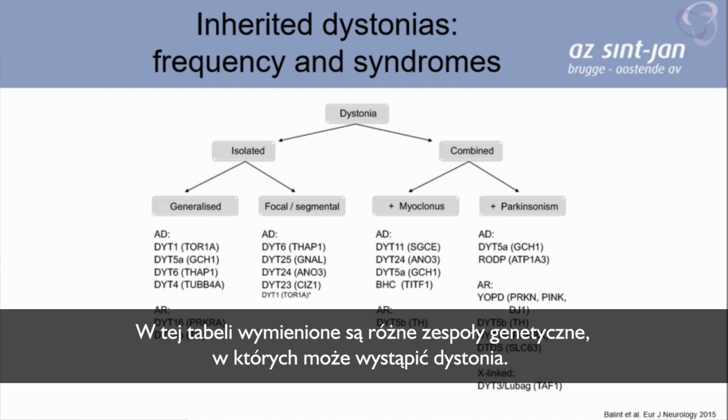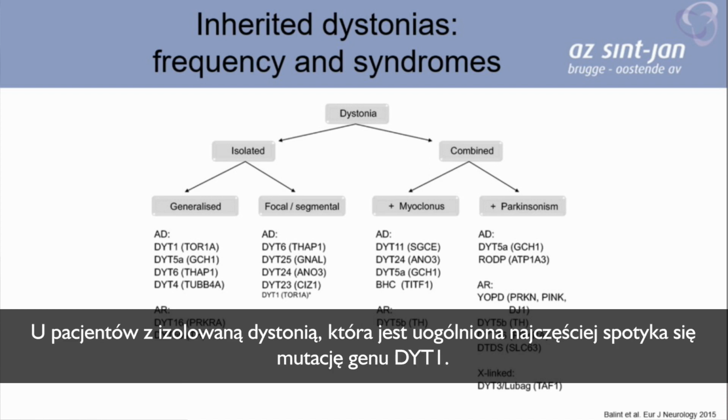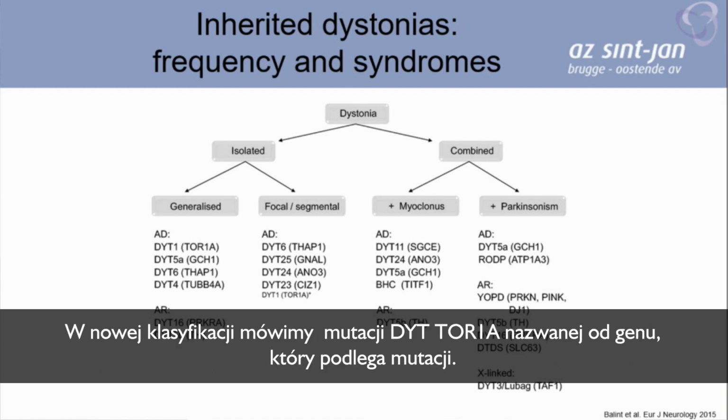Here you see in this table which are different genetic syndromes where dystonia can occur. And if patients have an isolated dystonia that is generalized, then the most frequent gene that is mutated is DYT1 in the old classification.